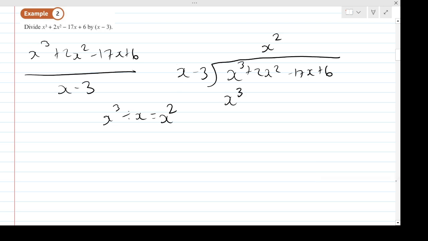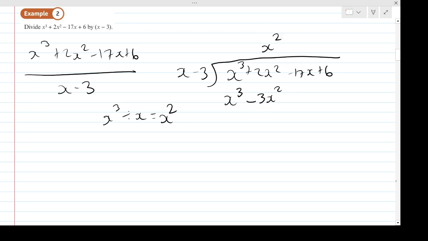Then I do the same for the minus 3: x squared times minus 3 is minus 3x squared. I'm going to write that down here. The x squared terms are on the same column, so we're lining them up.